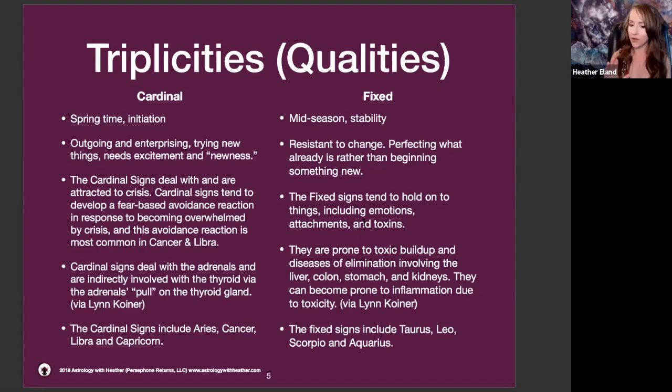But there is this element of toxicity that's associated with fixed signs when they're out of balance and they're not operating appropriately, when they're holding on to too much instead of moving forward. And so the fixed signs include Taurus, Leo, Scorpio, and Aquarius. And so those are the 4 fixed signs. And you can see that they all are from different elements. And so that's where the difficulty comes into play.